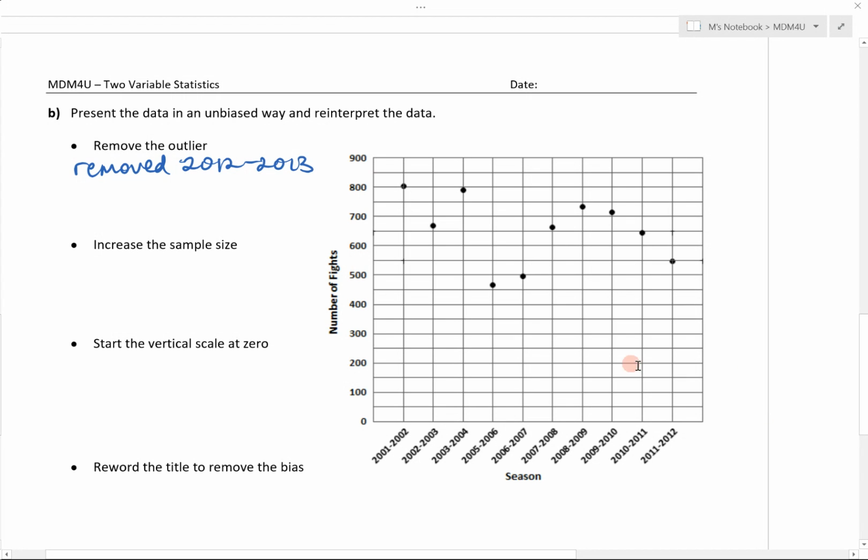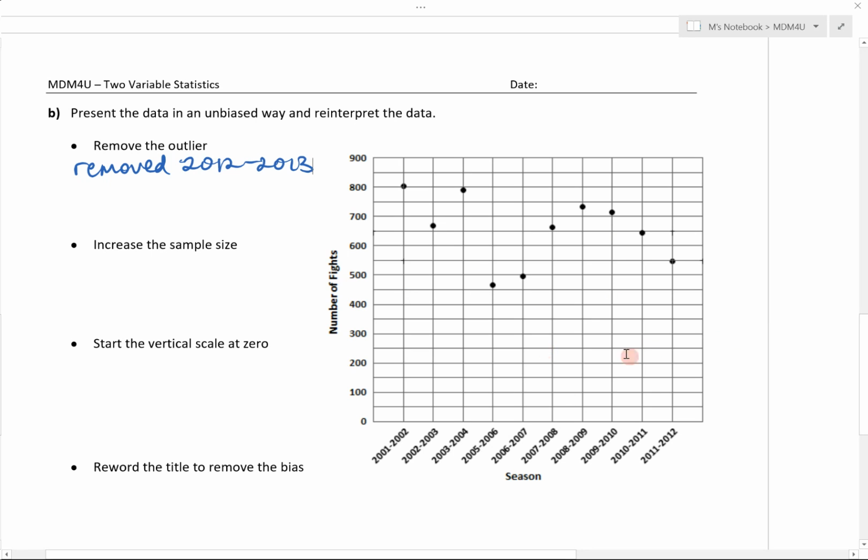Okay, so you increase the sample size by including more years, so you see more of the trend over time. The scale is fixed, so it starts from 0 and the scale goes up evenly, so there is less exaggeration in the change between years. Okay, and if you get rid of the title, you keep your viewer or your reader from being led to a certain biased opinion, so they can come up with their own judgment.